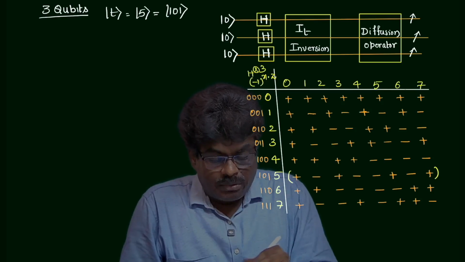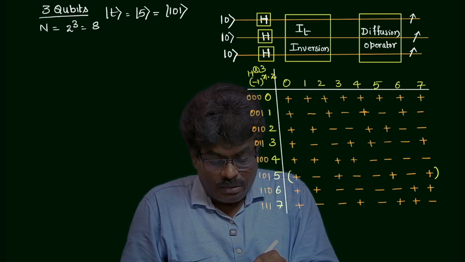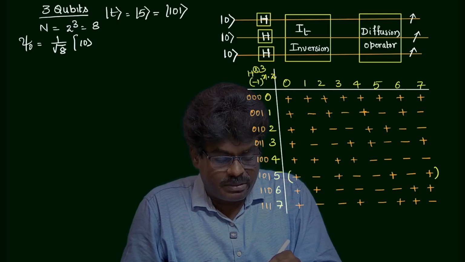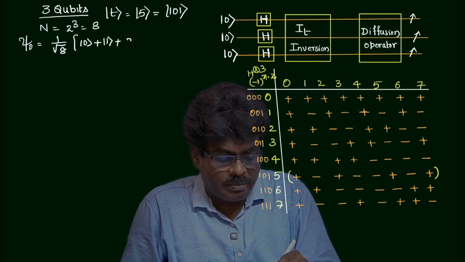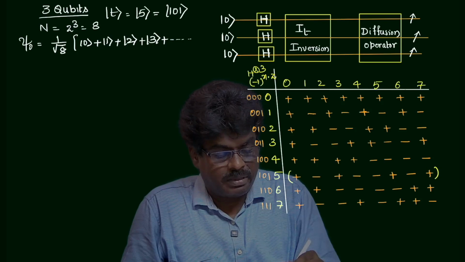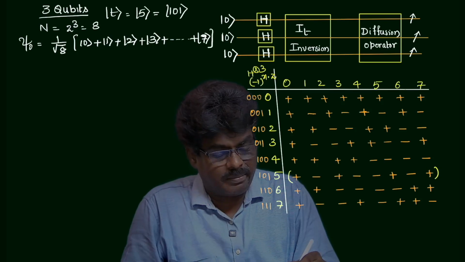Now 3 qubits are there, so capital N is equal to 2 power 3, which is equal to 8. So psi naught equals 1 over root 8 times 0 plus 1 plus 2 plus 3 and so on, including 5.